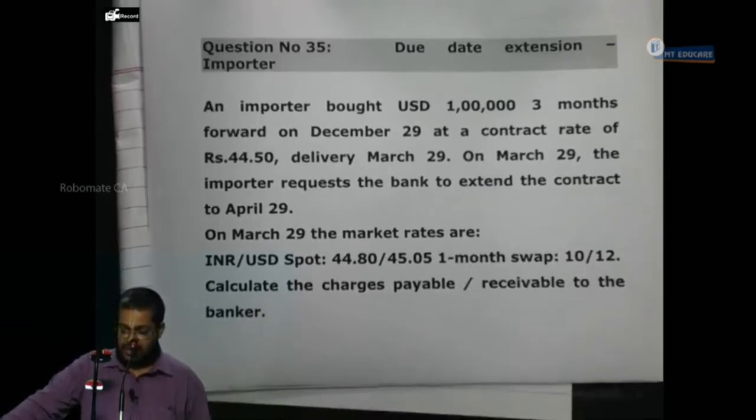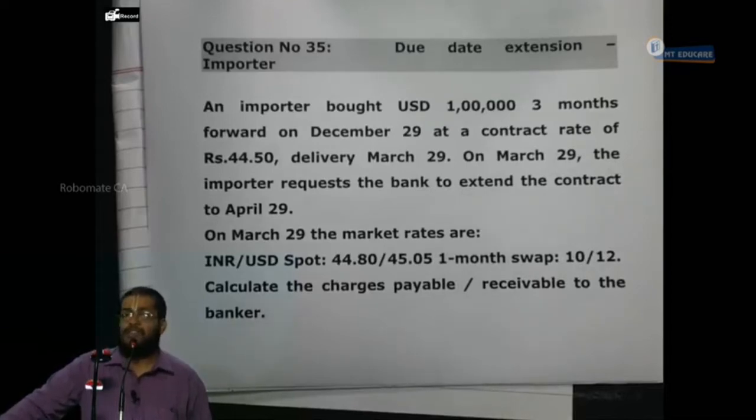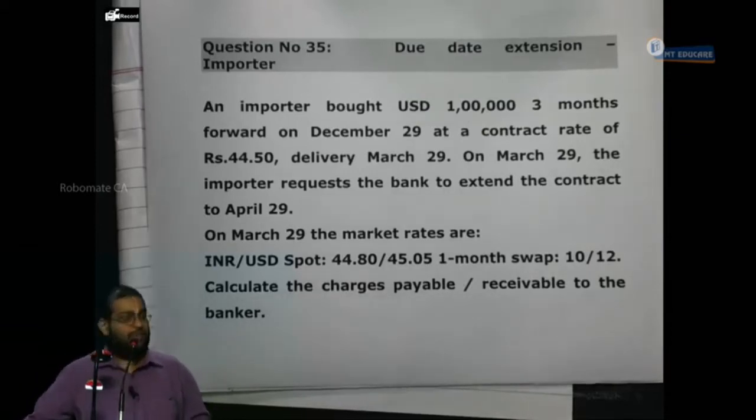On March 29, the market rates are INR to 1 US dollar, spot rate given, 1 month forward swap point given. The swap point is ascending, so a premium, added to the spot. Calculate the charges payable or receivable to the banker.